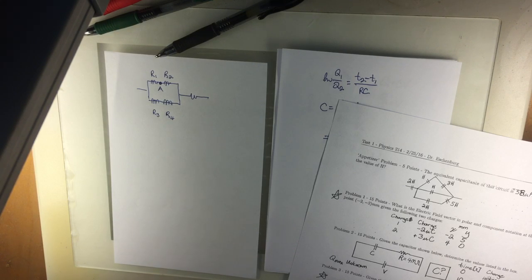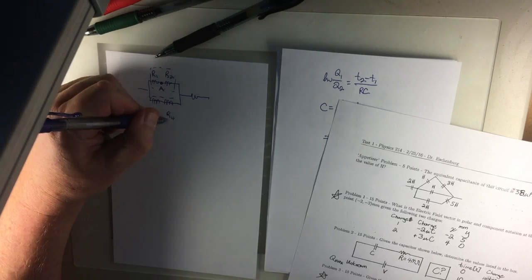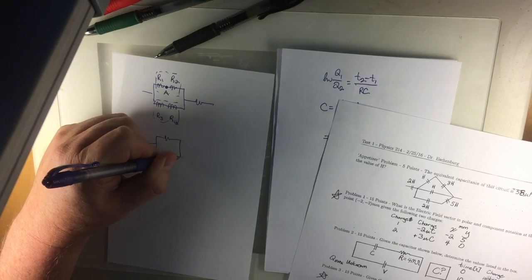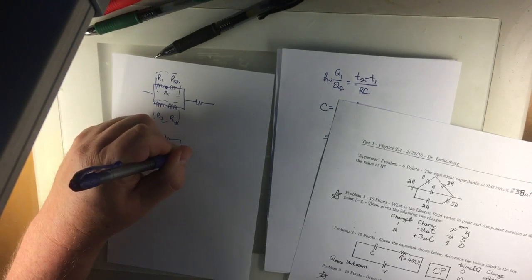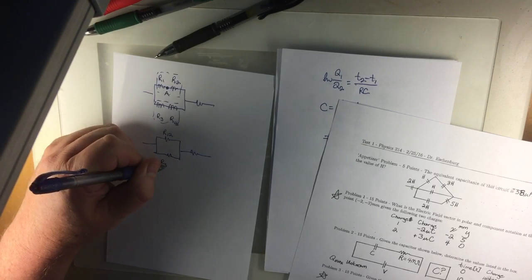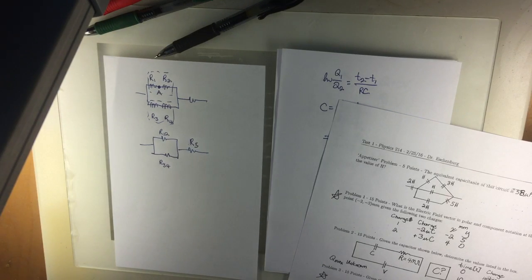The first squooshing is the upper and the lower to make R12, R34, and R5. That's the first squooshing.